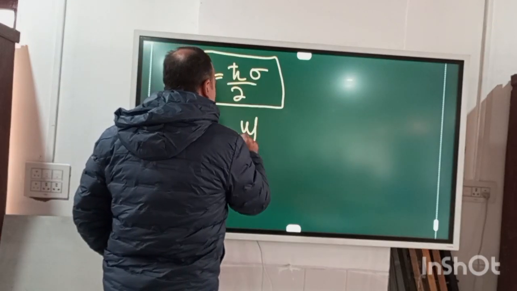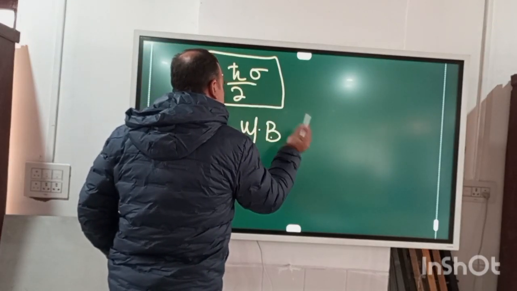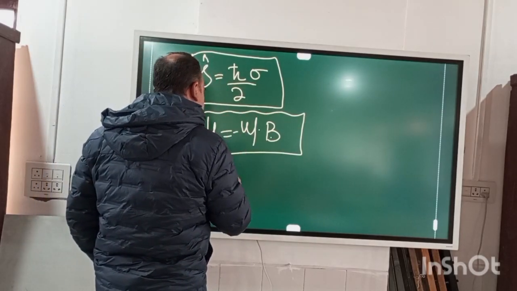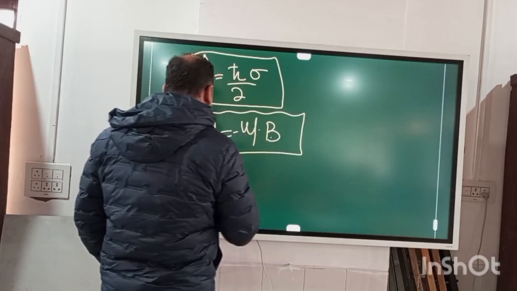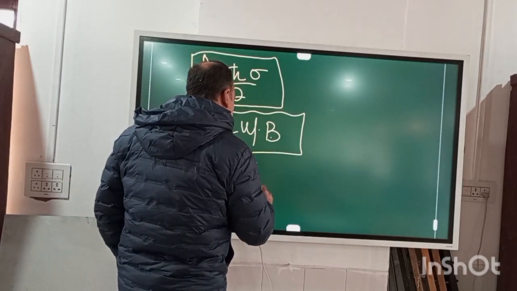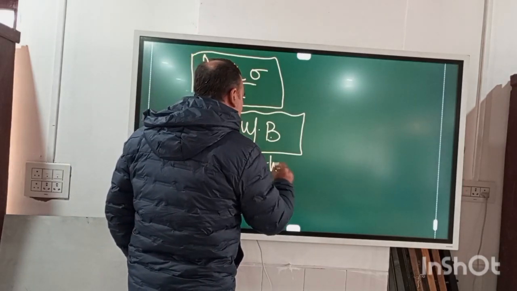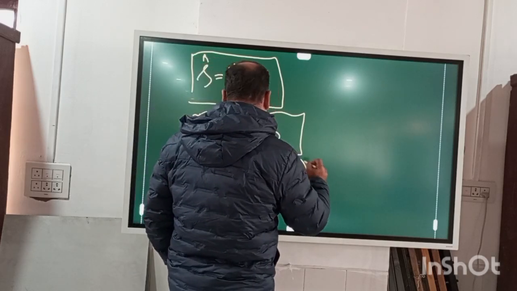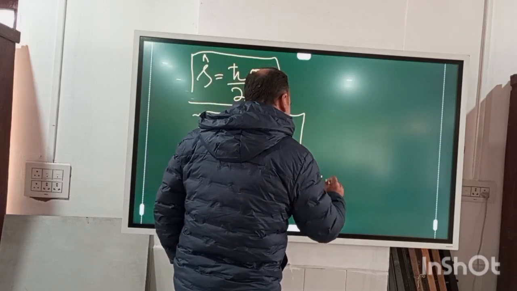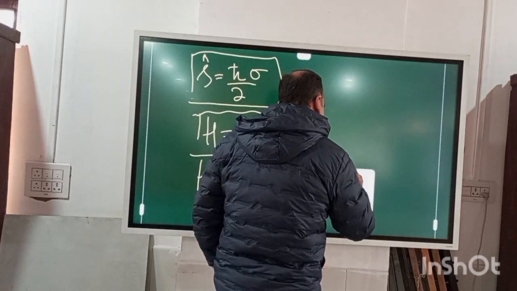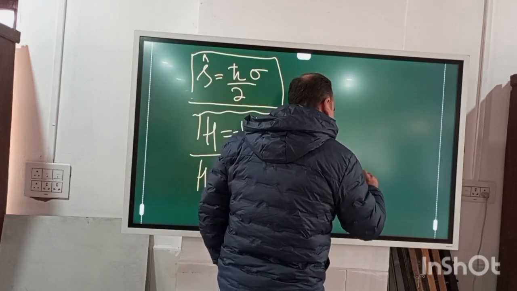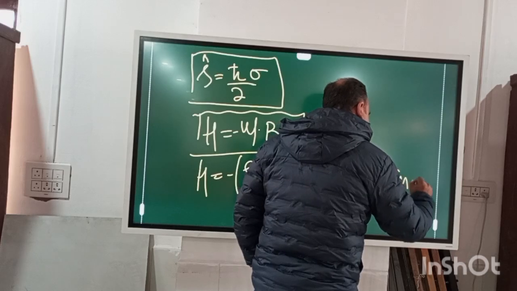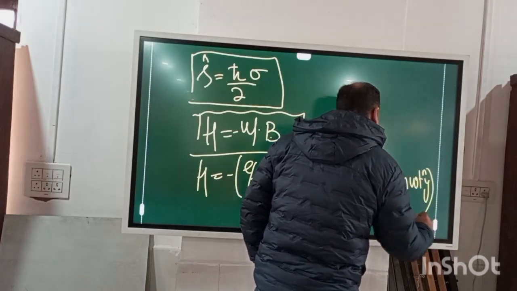H will be minus mu dot B. For mu I'll be using e by 2m times h bar sigma by 2, times B naught times cosine omega t x cap plus sine omega t y cap.